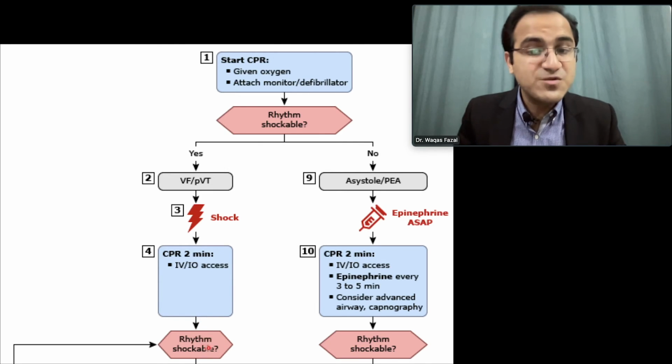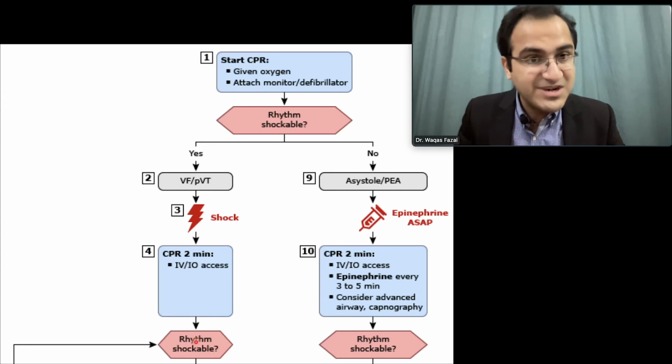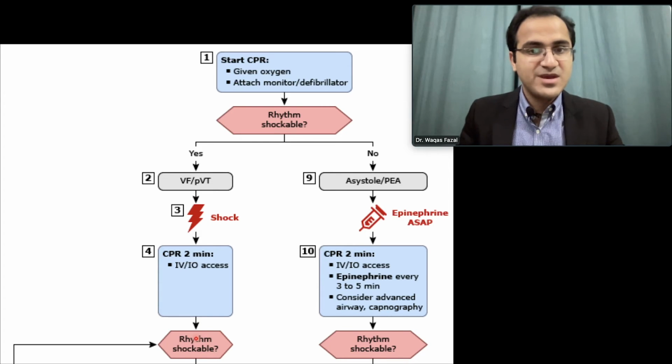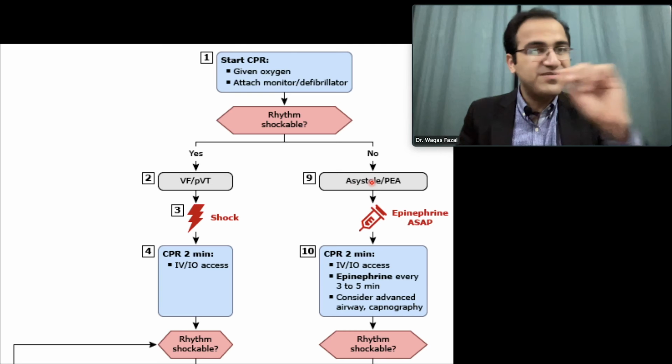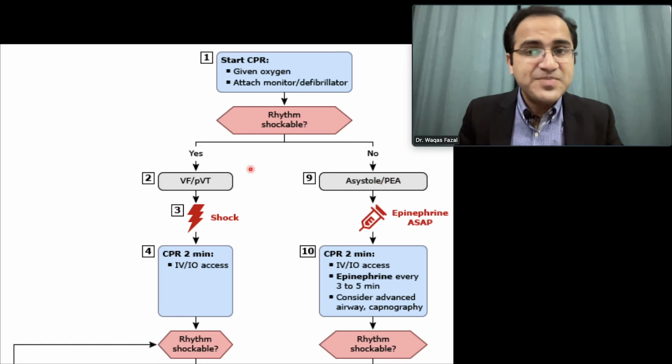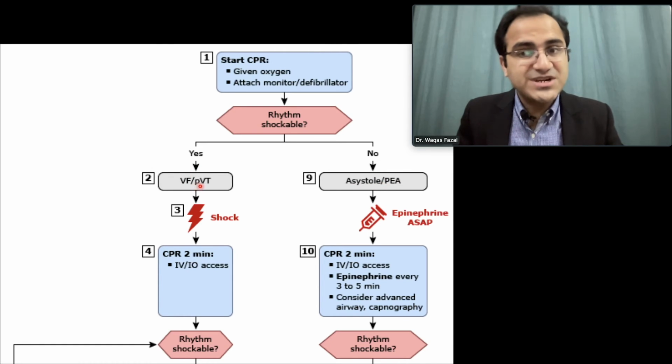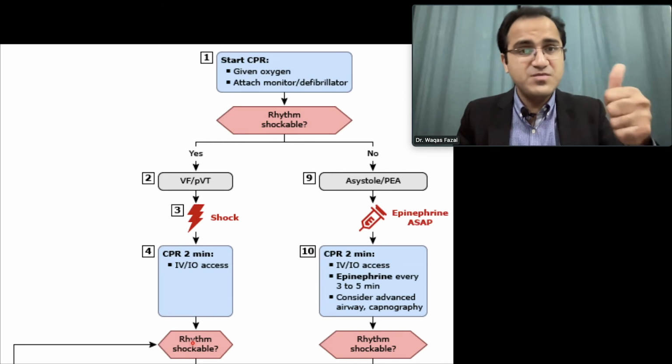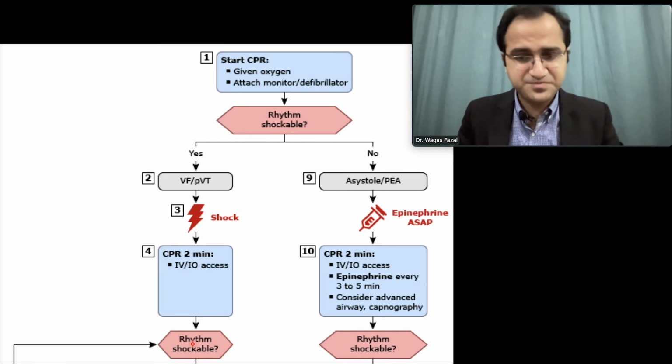If there is ventricular tachycardia or ventricular fibrillation, that is a shockable rhythm. If the patient develops asystole, a flat line, or pulseless electrical activity, in that situation you cannot give shocks. In ventricular fibrillation or pulseless VT, you can give shock. That is a shockable rhythm. So V.Fib, V.Tach, you shock.